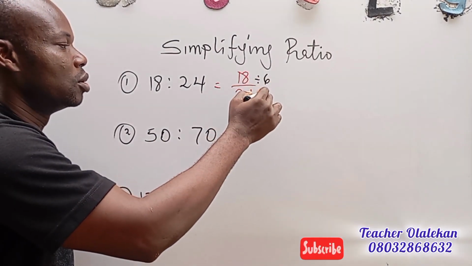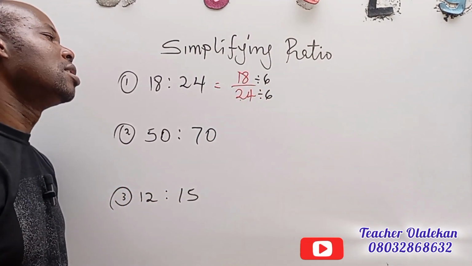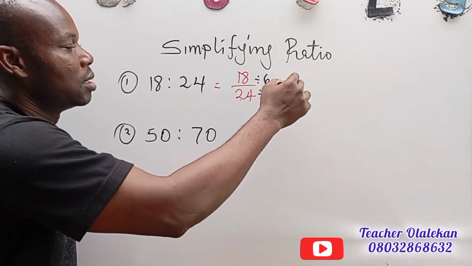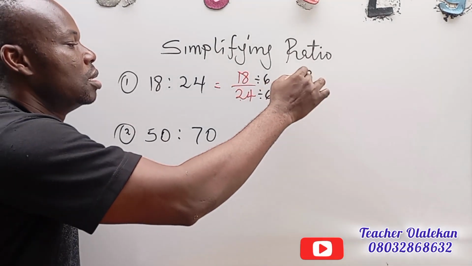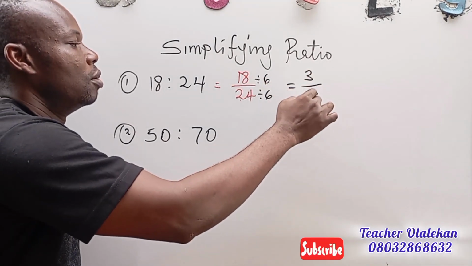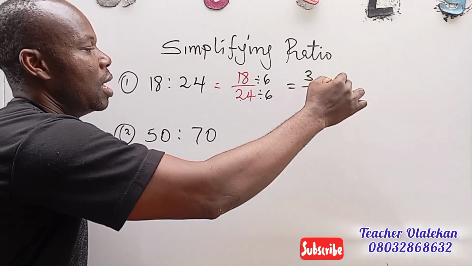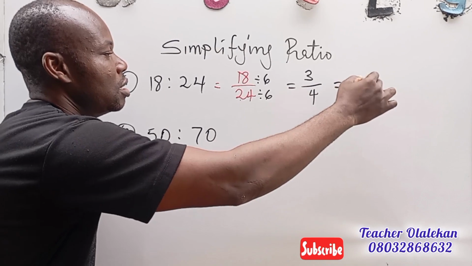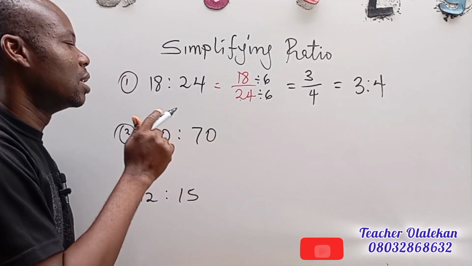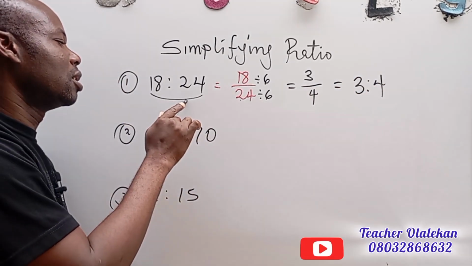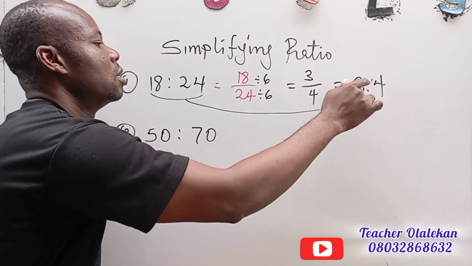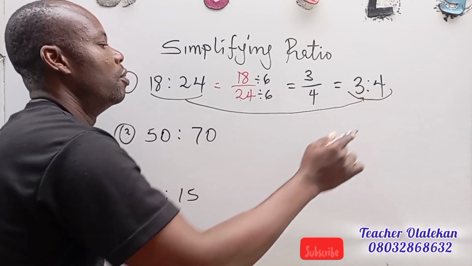Let's divide both numerator and denominator by 6. By the time you divide it by 6, that becomes 3 over 4, and 3 over 4 is the same thing as 3 ratio 4. So this ratio in its simplest form is 3 ratio 4.